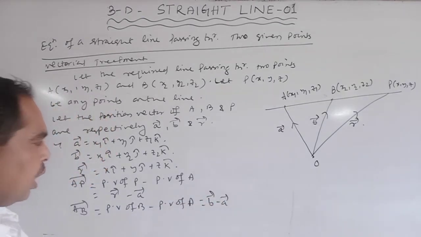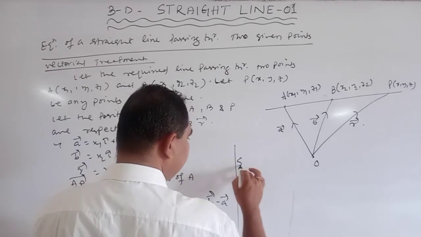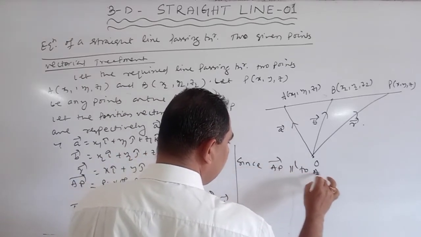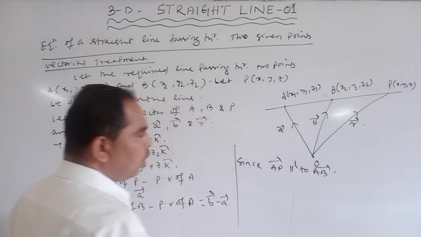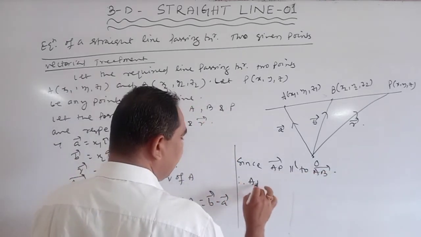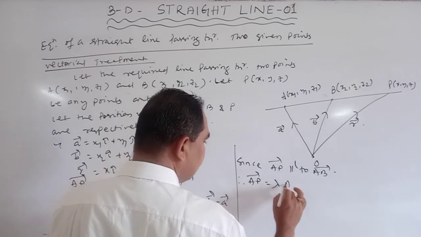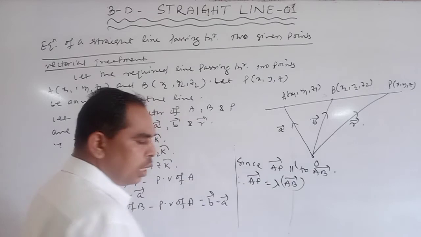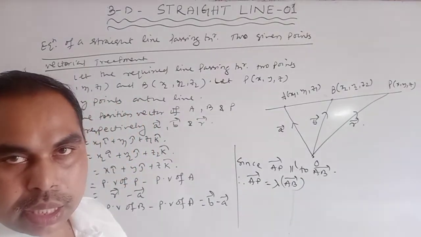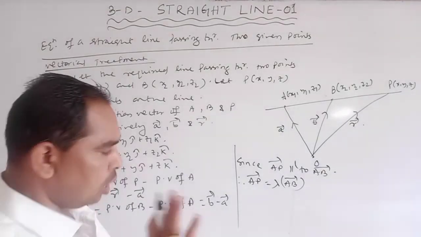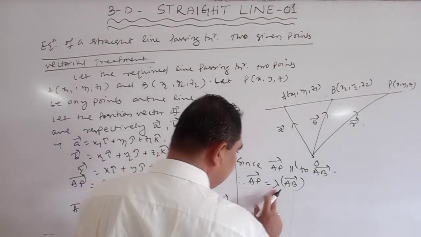Since AP is parallel to AB, AP vector can be uniquely expressed as lambda times AB vector, because if two vectors are parallel, one vector can be uniquely expressed as a scalar multiple of the other. So AP vector is equal to lambda times AB vector.